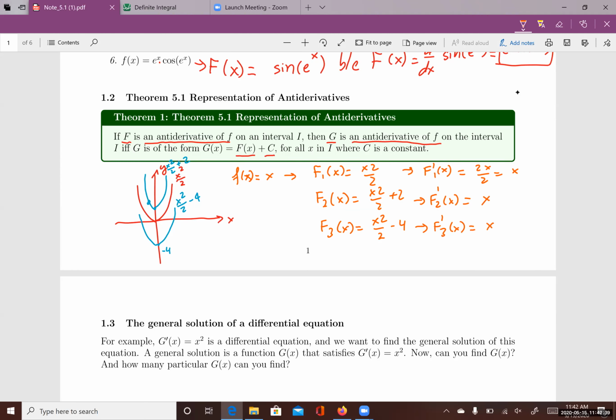So the derivative of the second and the third antiderivatives here is equal to x, which means this is part of a family of antiderivative functions. So again, if you add different constants to an antiderivative function, you have another antiderivative function of the same function. Okay.